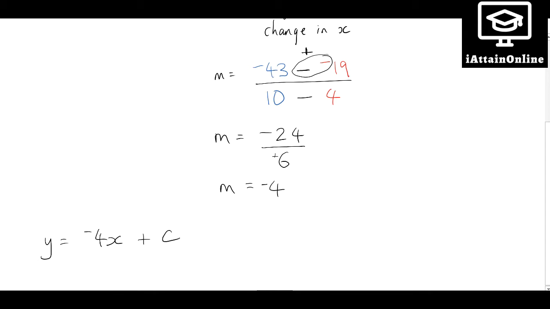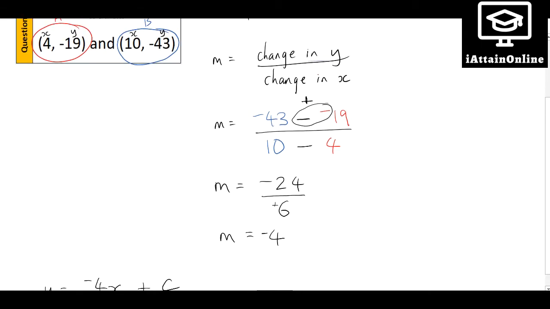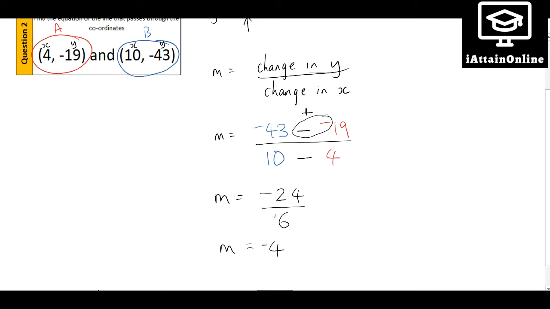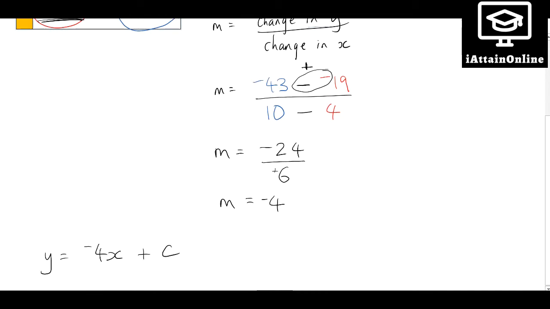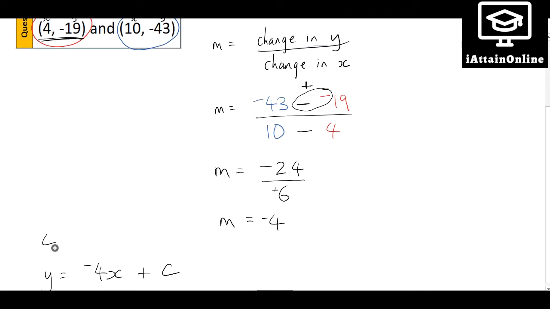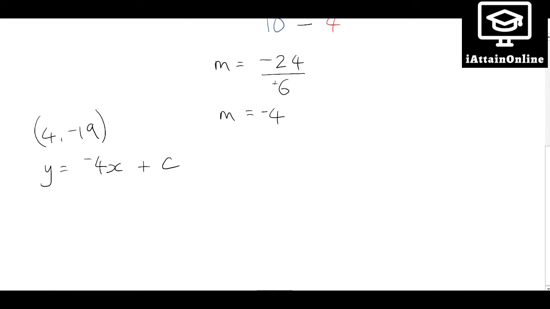Now we're going to choose either coordinate A or B to use to work out what c is. It doesn't matter which one. I'm going to use coordinate A. So that was 4, negative 19. I'm just going to write that down here. We know that point is on the line. So the 4 represents my x, and the negative 19 represents my y.